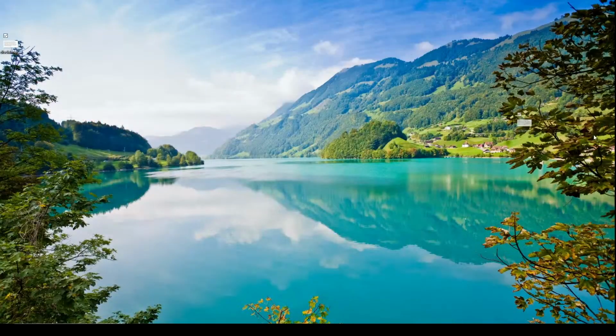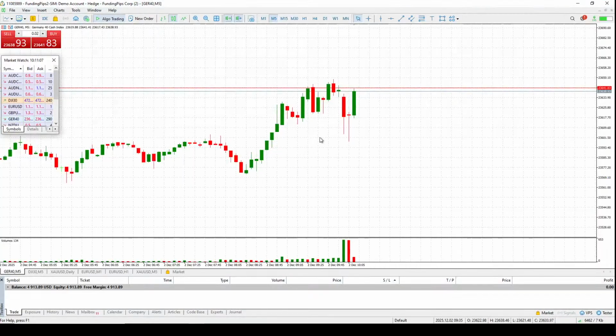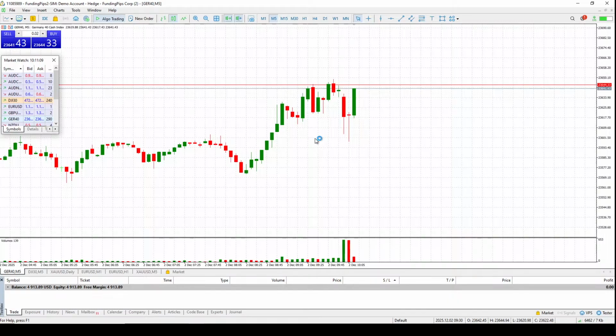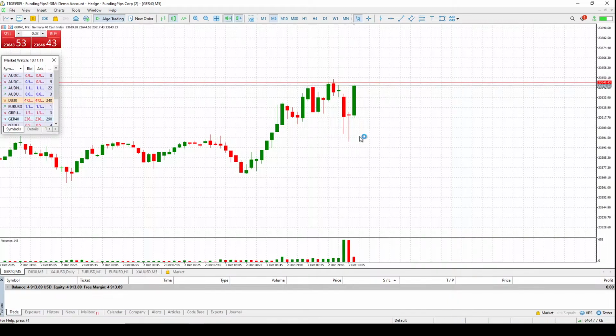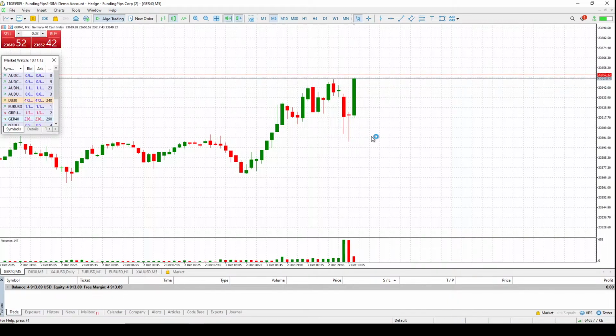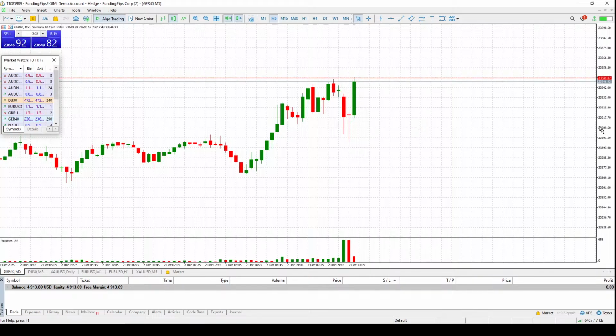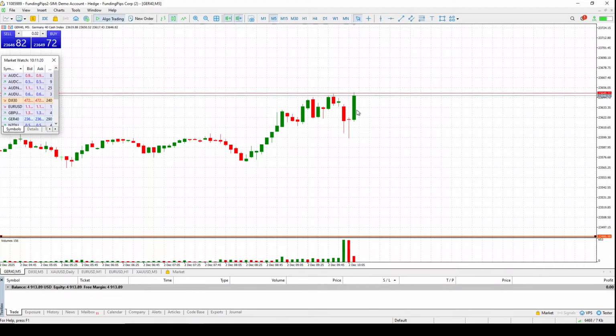I think it will be somewhere here. This looks explosive. There is not really any resistance in here.